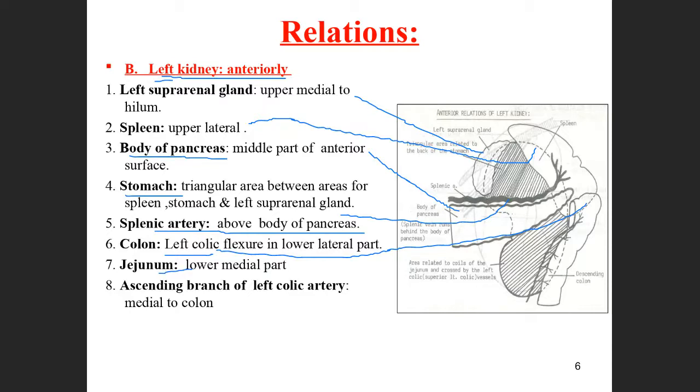On the right side, ascending branch of right colic artery. On the left side, ascending branch of left colic artery. This is how you have to remember the structural relations in the anterior surface of right and left kidneys.